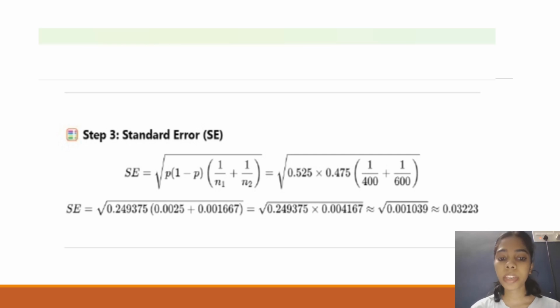From the problem, we get n1 equals 400 and n2 equals 600. If we calculate the above expression, we get approximately 0.03223.